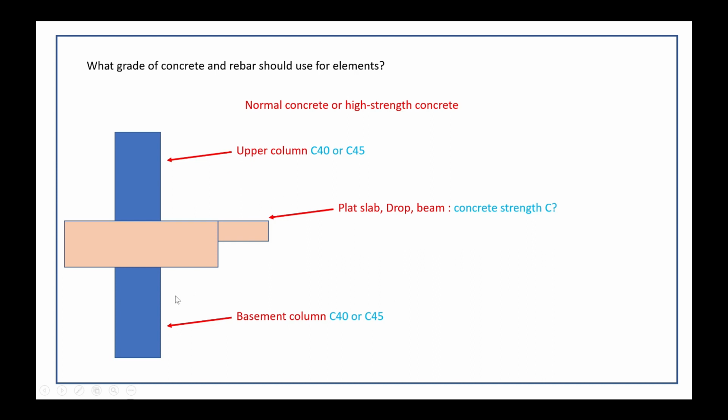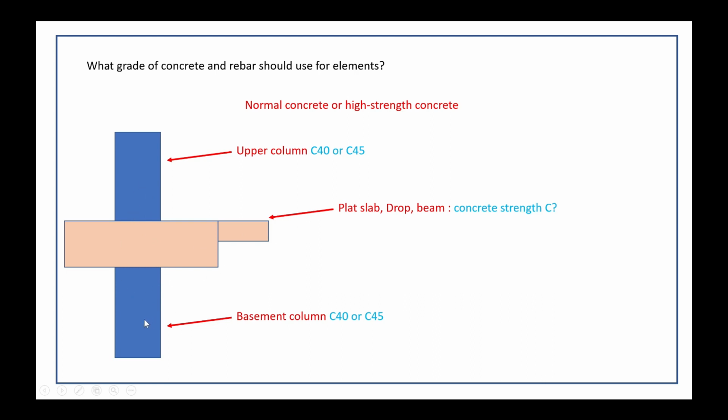Between two higher strength materials, don't forget about the flat slab, drops or beam. In between these two strong materials, you also have to use a material of similar or higher strength than the concrete column.